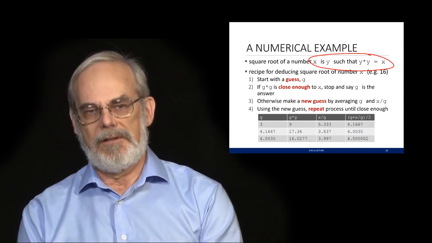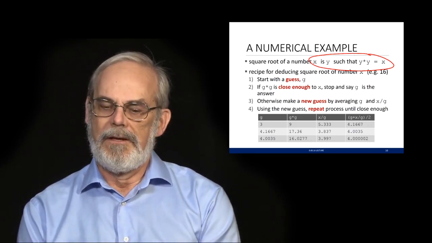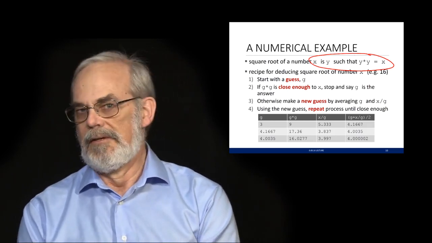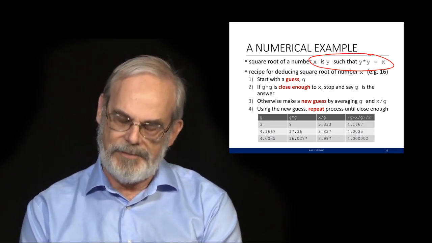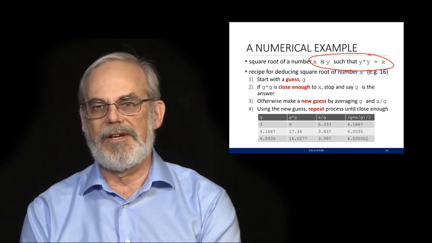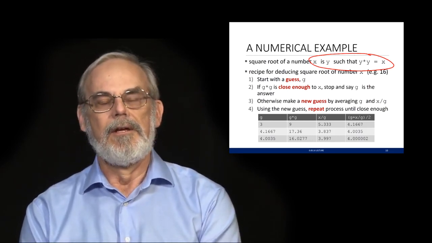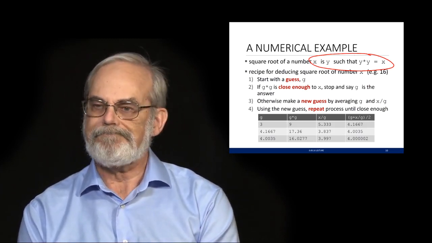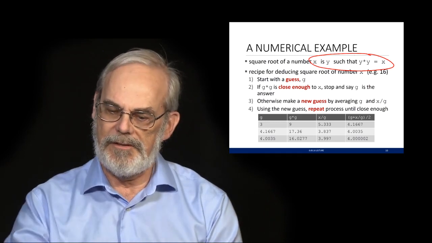Here's a version of imperative knowledge. This is actually a very old algorithm, attributed to Heron of Alexandria, dating back to the 1st century, although other people suggested it existed earlier than that. But here's a recipe for finding a square root. I'm going to start with a guess, and I'm going to call it g.